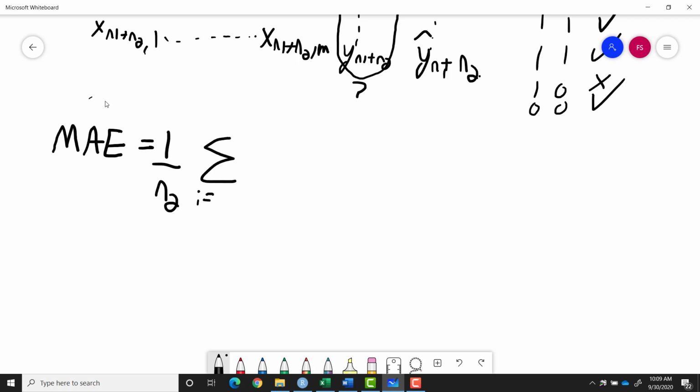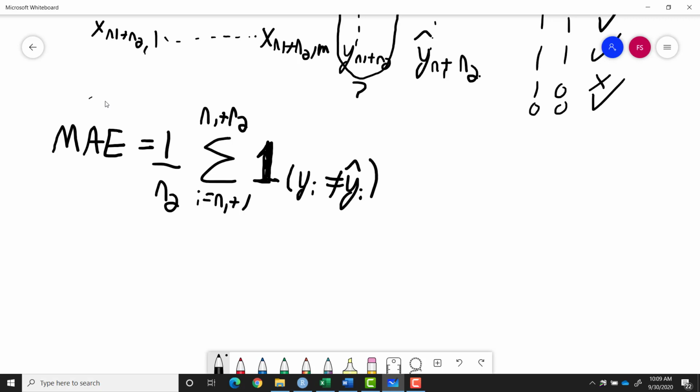For each of the test items, this iterator is just saying we're going through each of the test items. We're just going to give it a 1. This notation's a little bit mathy, but it's just give it a 1 if our y's are not equal to the prediction.